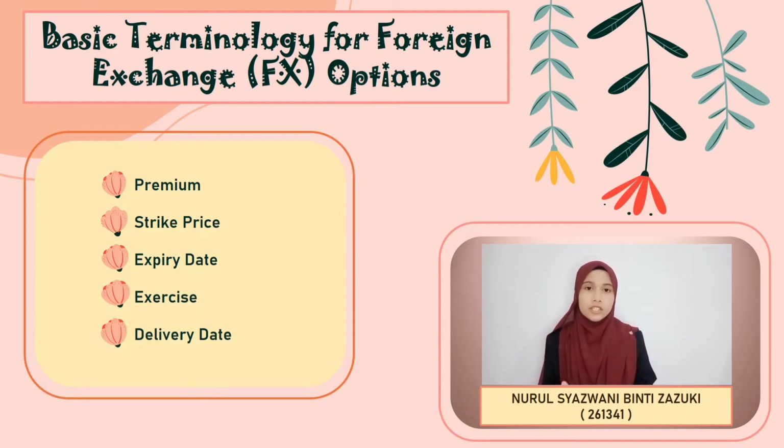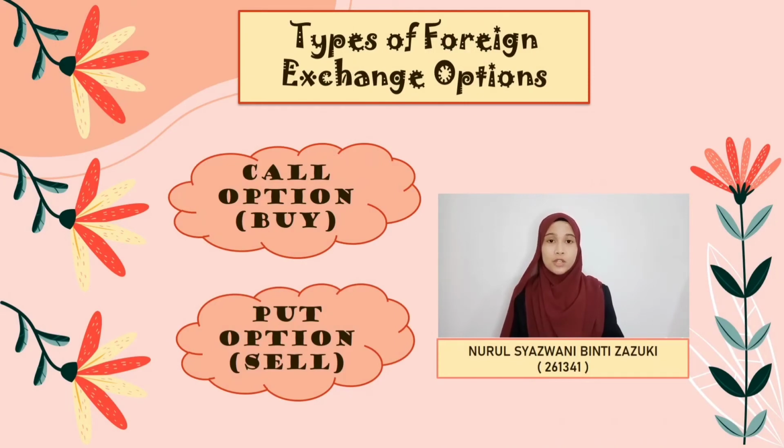Another basic term is exercise. This is when the option buyer notifies the seller that they intend to exercise the option contract. The last basic term is the delivery date, which is the date when the currency exchange will take place if the option is exercised. For the types of foreign exchange options, they may be classified as call options and put options.